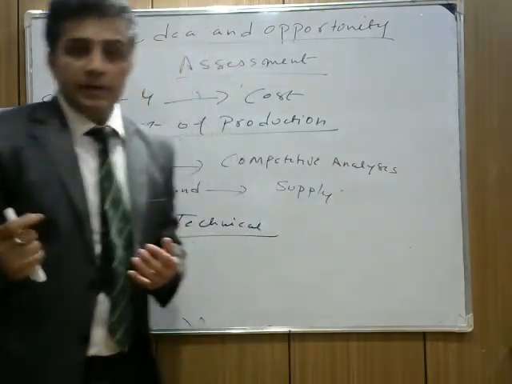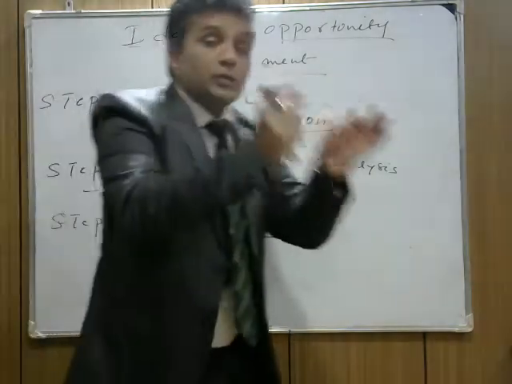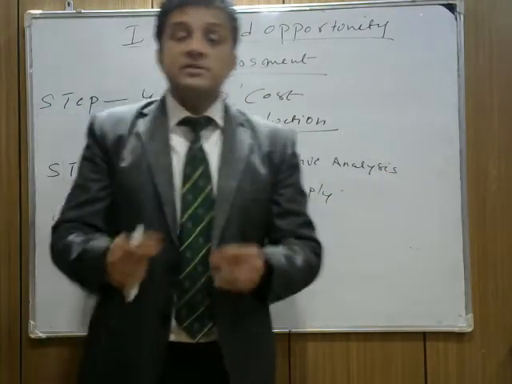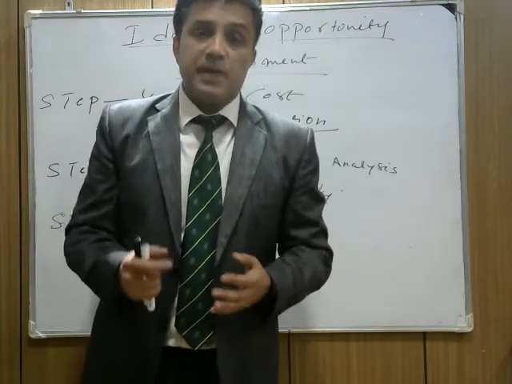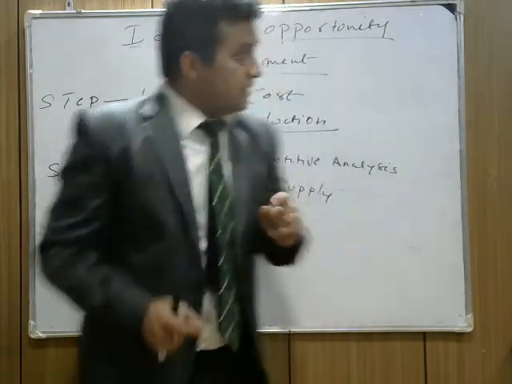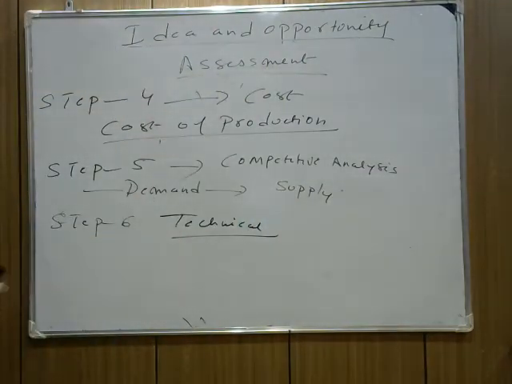But that only depends on the demand in the market and the supply in the market. How much can we supply? We can supply the goods according to the demand only. So this is the criteria regarding idea and opportunity assessment.